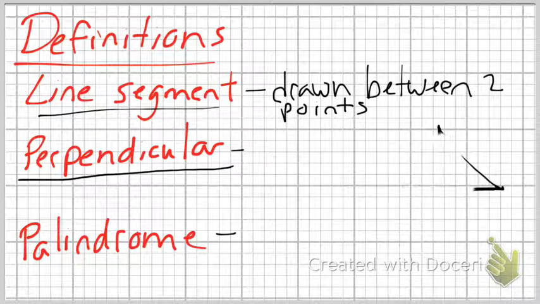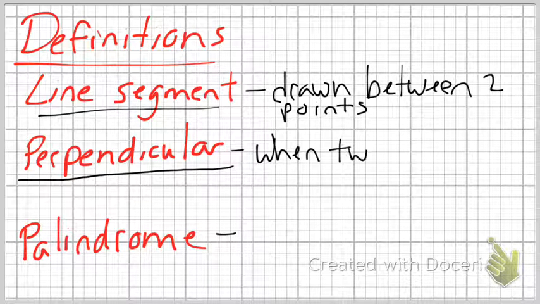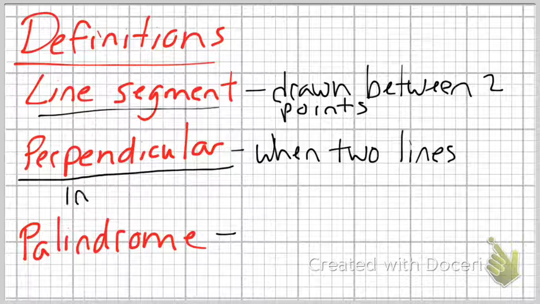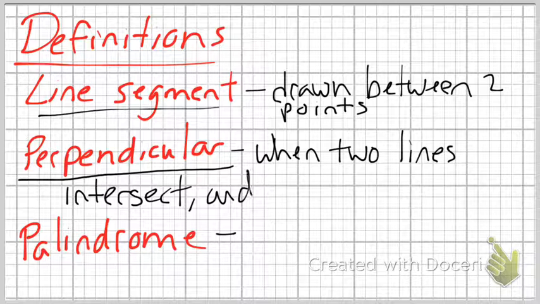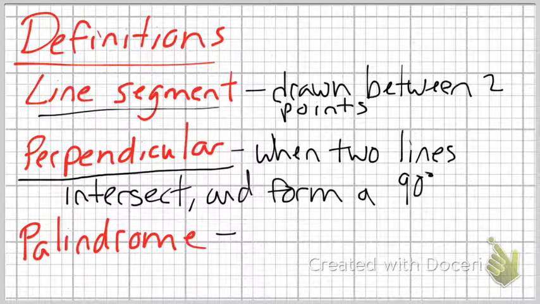So what we can say is, perpendicular lines intersect and form a 90-degree angle.